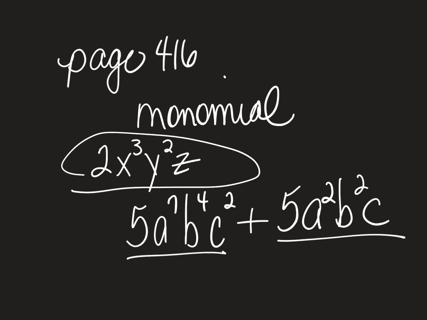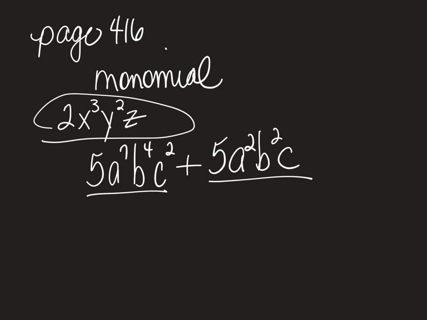But I just want to make sure you understand that it may be one term, but it can have multiple variables in that term, okay? And that makes it still a term, because terms are separated by addition and subtraction, okay? Now, when multiplying variables, we have to remember the rule for multiplying like bases.